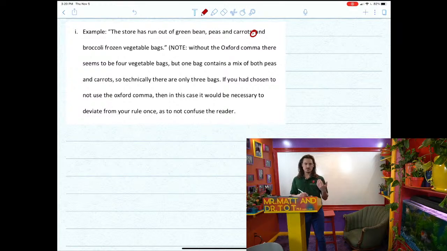But as I said before, I always just use it to make sure I don't have to think about it. But you'll see a lot of examples, particularly in published work and fiction, and magazines, where they don't, and a lot of newspapers don't use the Oxford comma. So I just want you to be aware that it's not technically wrong, it's just more about being consistent. And if you have any questions, then please let me know.